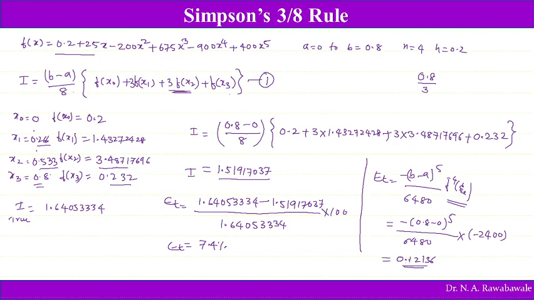So now, same problem, if we simplify using 5 segments or 6 points, then we have to use a combination of Simpson's 1/3 rule as well as 3/8 rule. The combination is required if we want to solve this problem using 5 segments or 6 points.